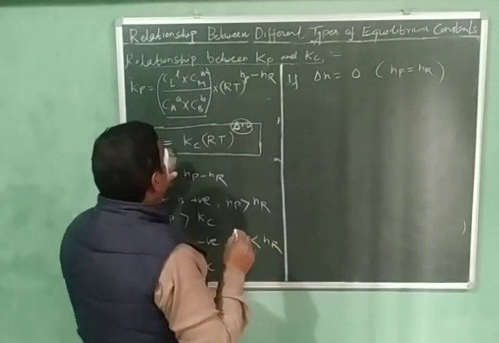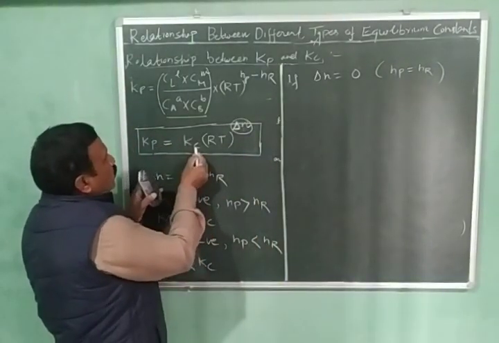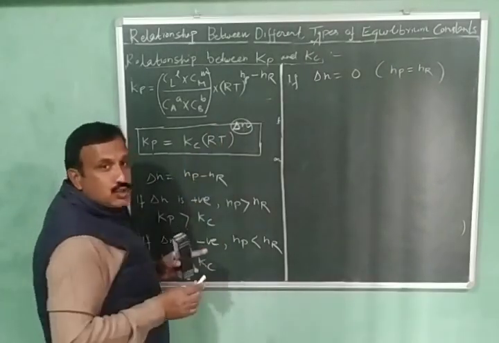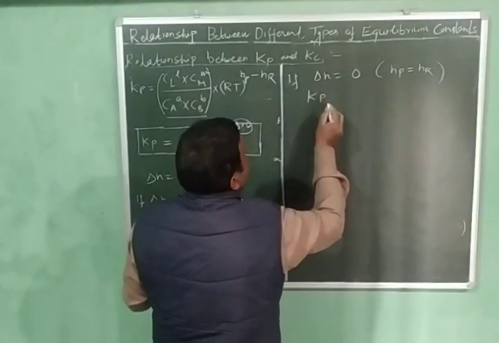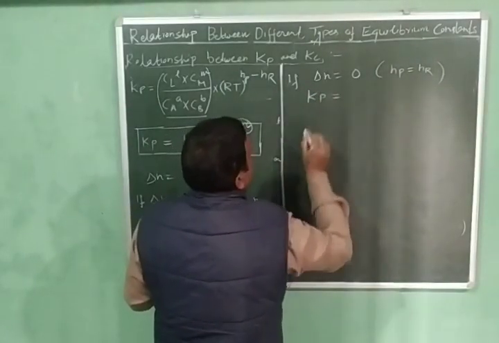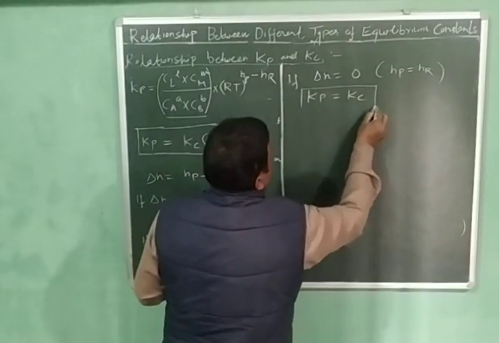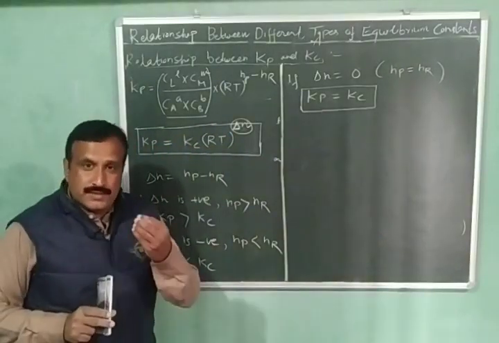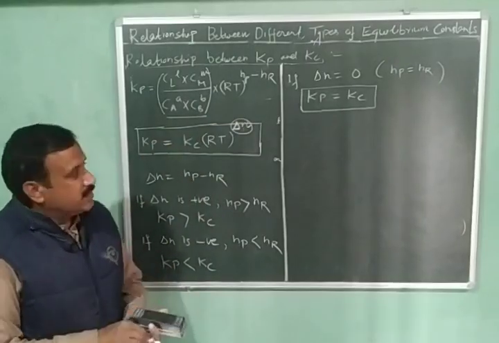Then according to this equation, we will have Kp is equal to Kc into RT raised to power 0, and anything raised to power 0 is equal to 1, and then the Kp will be equal to Kc, okay. So now let us derive the relationship between Kp and Kx.